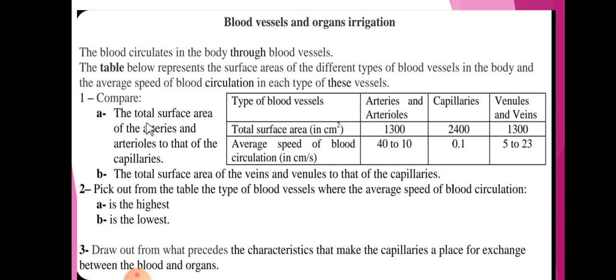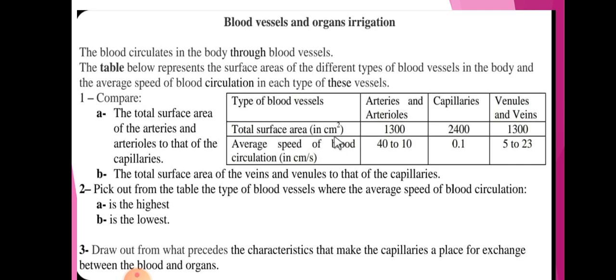It asks me to compare the total surface area of the arteries and the arteriole to that of the capillaries. We have to compare the total surface area of the arteries and the arteriole to the capillary. It didn't mention the venule, just these two. What do I say?